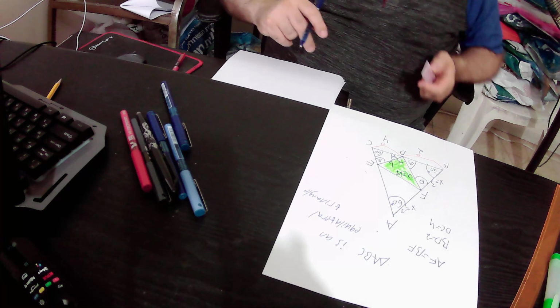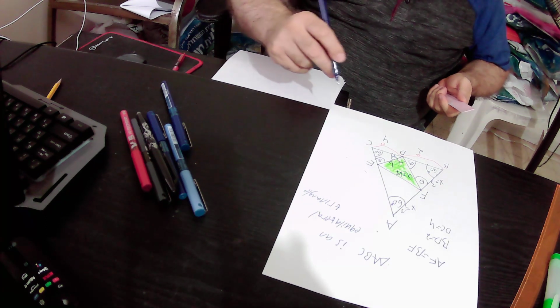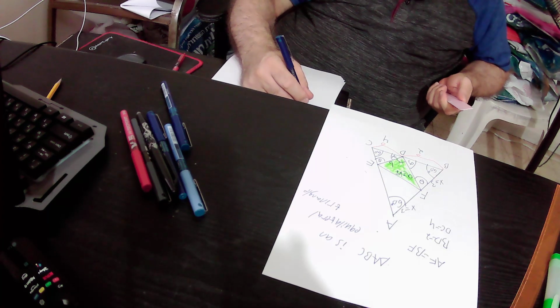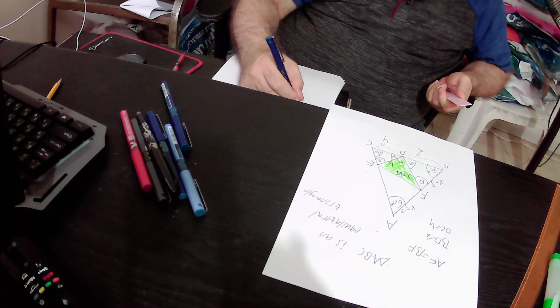Okay, the sum of the angles in triangle BFD is equal to 180 degrees, and the same thing is true in triangle DEC. The sum of its angles equals 180 degrees.